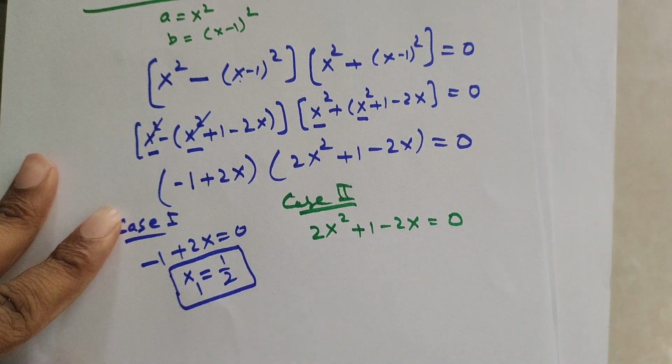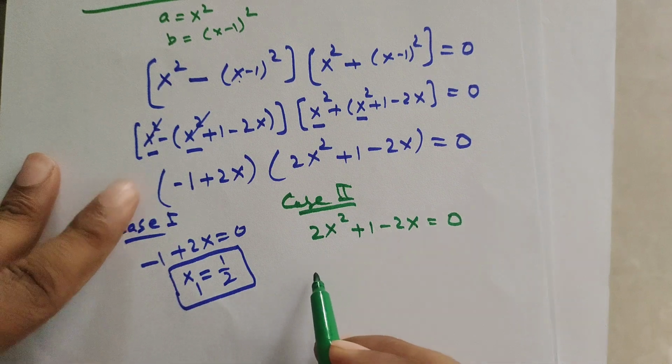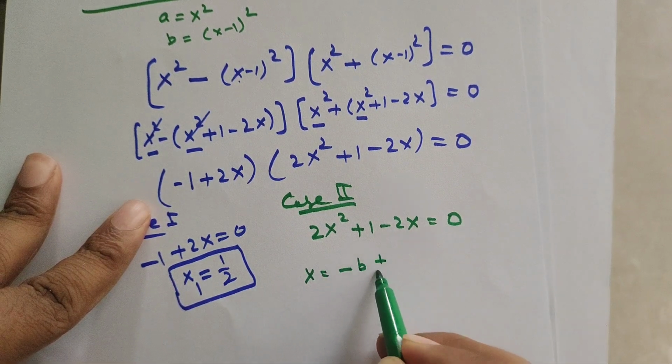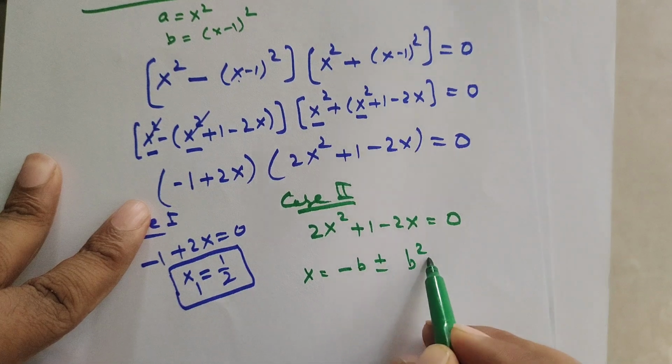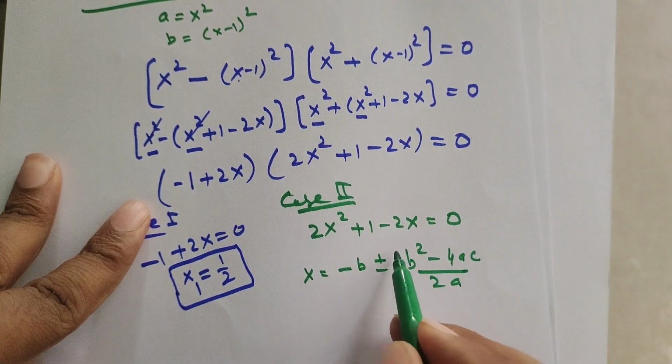In order to calculate the value of x here, we will use our quadratic formula, that is x is equal to minus b plus minus square root of b square minus 4ac over 2a.